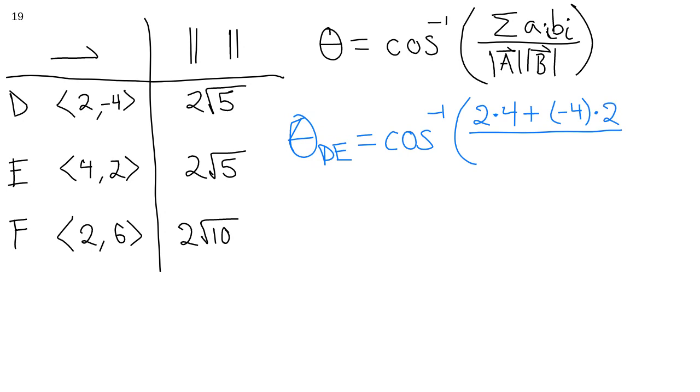Please let me know if that doesn't make sense. I'm doing the component dot product of D and E. So 2 times 4, -4 times 2, and you add them. Length of D is 2 root 5. The length of E is 2 root 5.